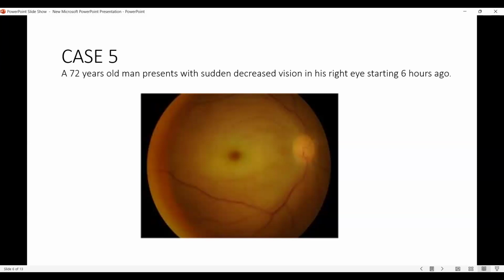So what we can do as early as possible, what you mentioned, and that is the most important, we need to urgently refer to the cardiologist to rule out any embolism or any recent stroke. So that is the most important. Just quickly and urgently refer the patient to the cardiologist to rule out the causes of the carotid artery stenosis.